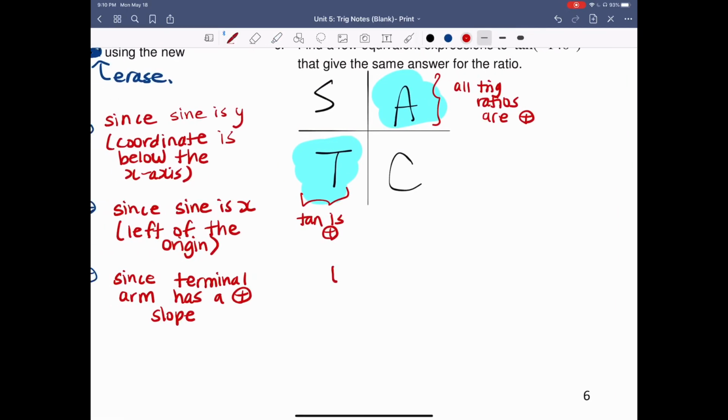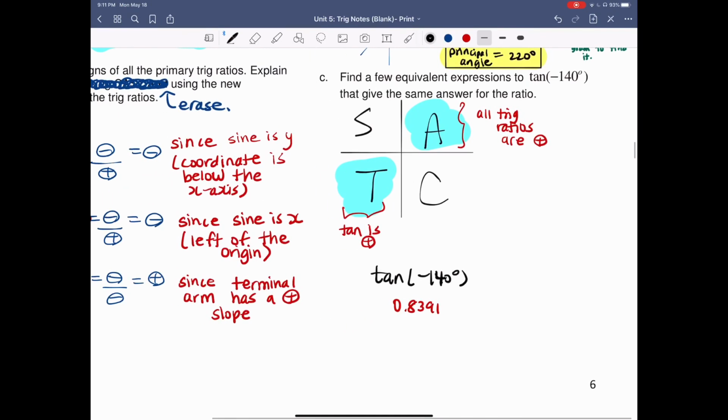So if I have tan negative 140, which happens to be about 0.8391, I'll just put that on the bottom. I need to come up with equivalent ratios to that, meaning coterminal angles with this.